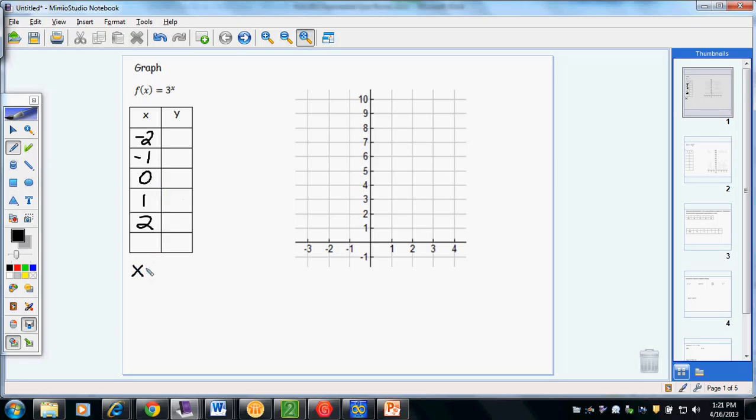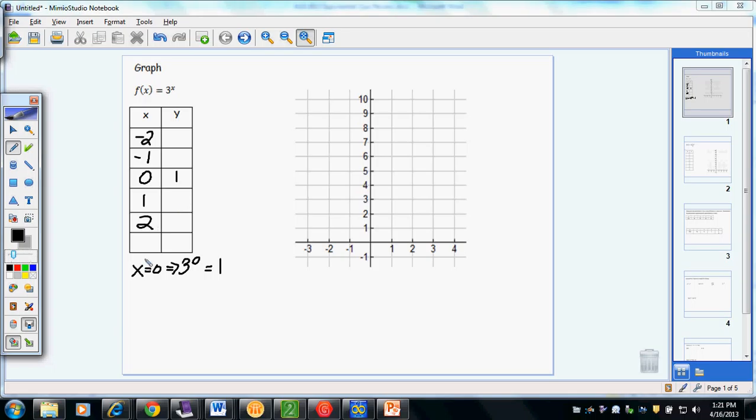So when x equals 0, that tells us that we plug in the 0 for the x, and we have 3 to the 0 power. Well, anything to the 0 power is 1. So we put a 1 in here. Okay? So now we're going to go ahead and do 1.